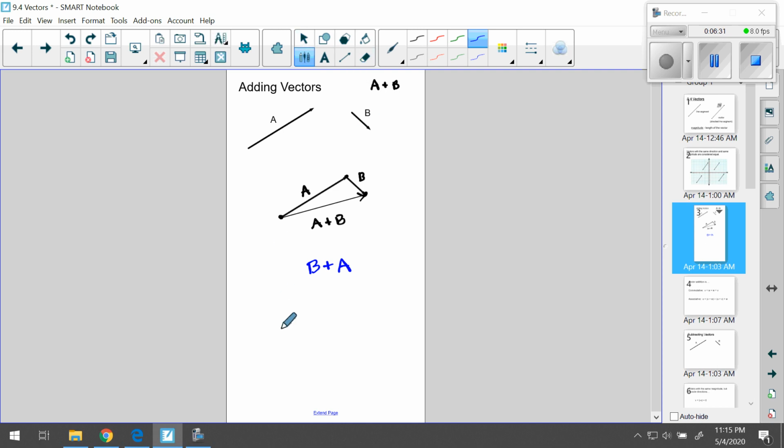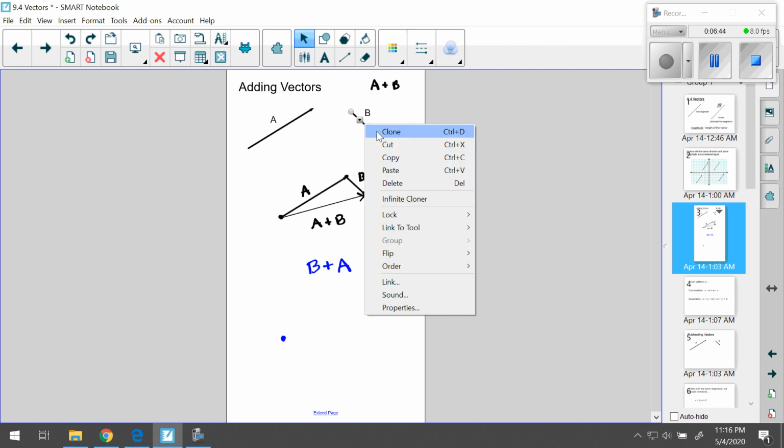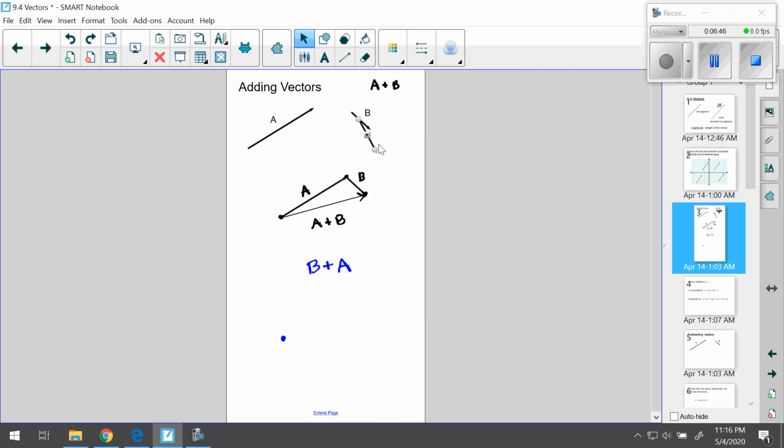Let's say, again, just pick a starting point. And let's start with b this time. So we're going to start with b and then go in the direction of a. So let's, here, let me copy b just to make sure it's a perfect clone, if you will.